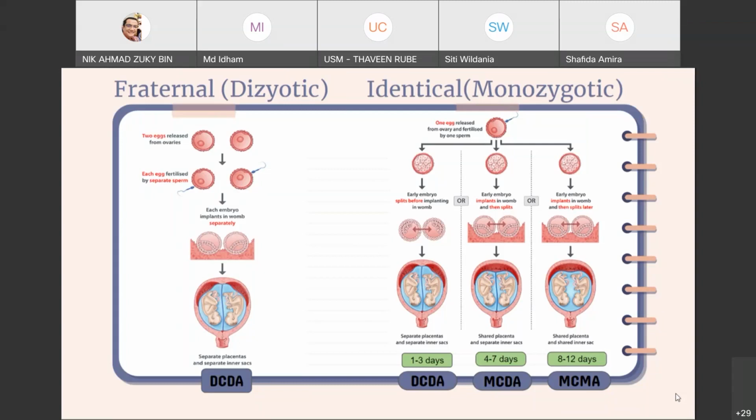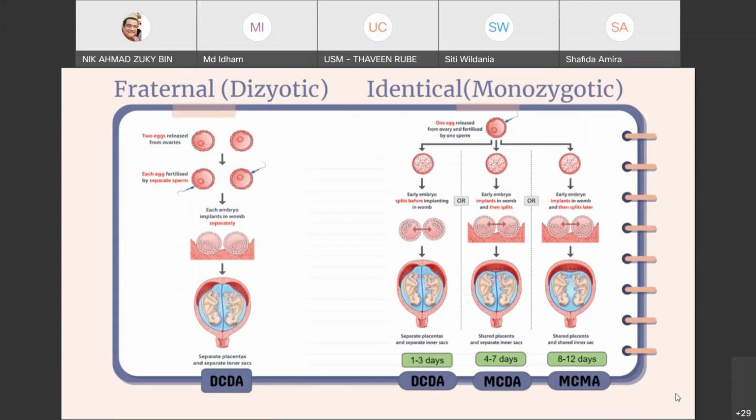If cleavage occurs at 4 to 7 days, monochorionic diamniotic, and if it occurs at 8 to 12 days, there is no membrane in between. Single placenta, monochorionic. Chorion refers to the placenta, amniotic refers to the membrane.